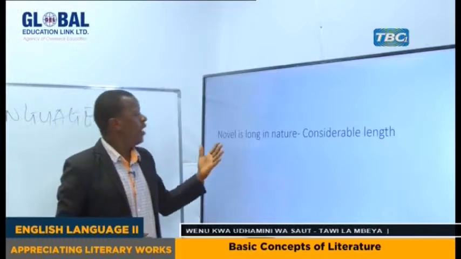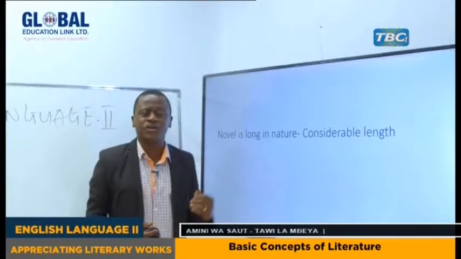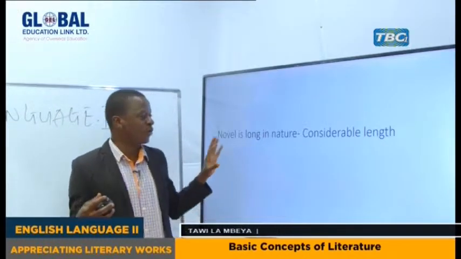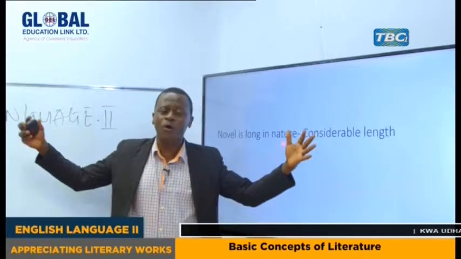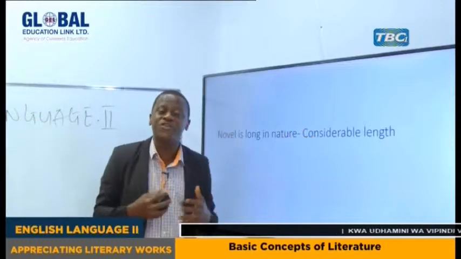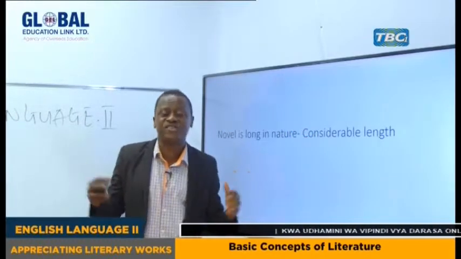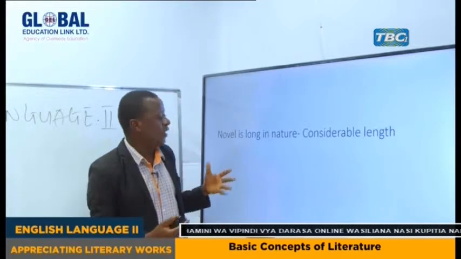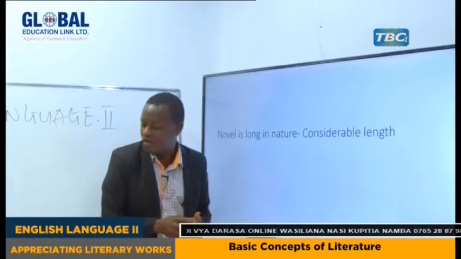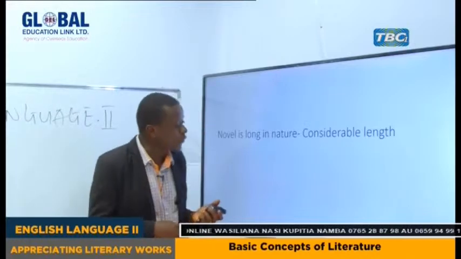Here we come. A novel is long in nature. Now, when you describe a novel in terms of length, a novel is very long. It contains so many pages. It contains so many words. If you read literature, you may come across a novel of, say, 40,000 to 50,000 words.